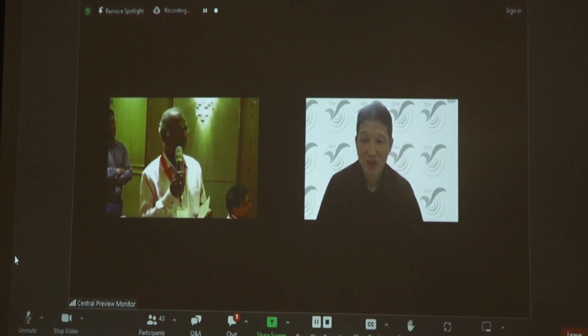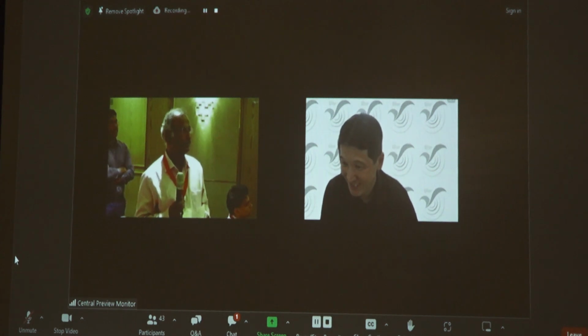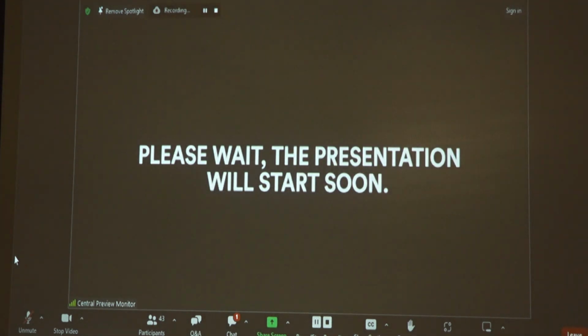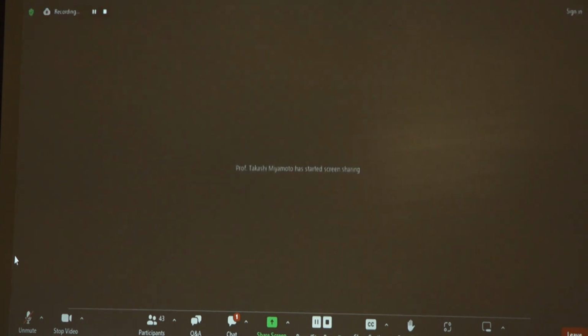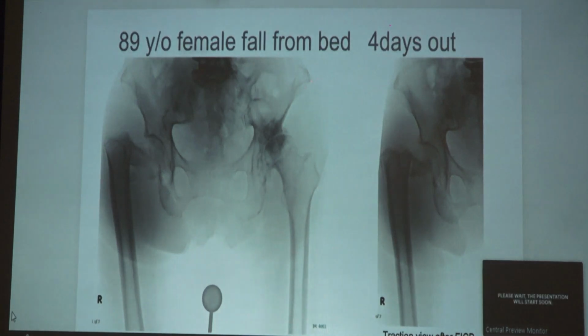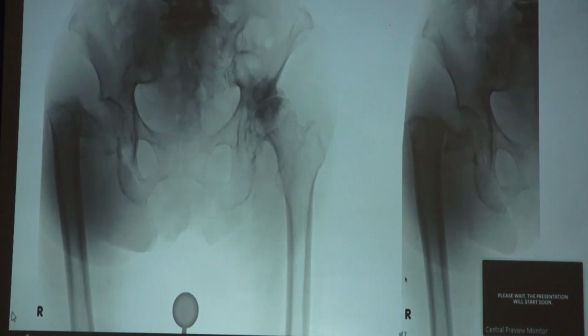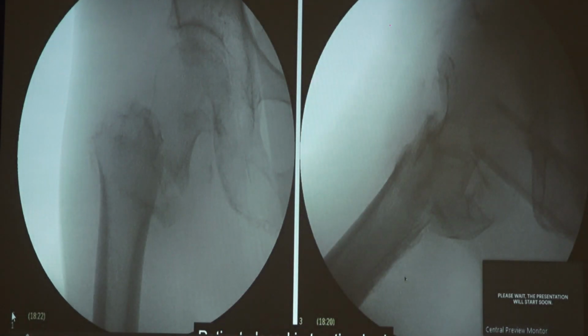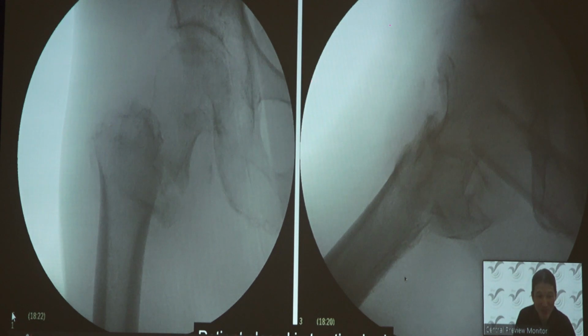Okay, yeah. I'll go back to my slides. In these cases that I'm showing you in my presentation, it is very hard to define where my entry point is. The main reason you cannot define it is the quality of the reduction you have.